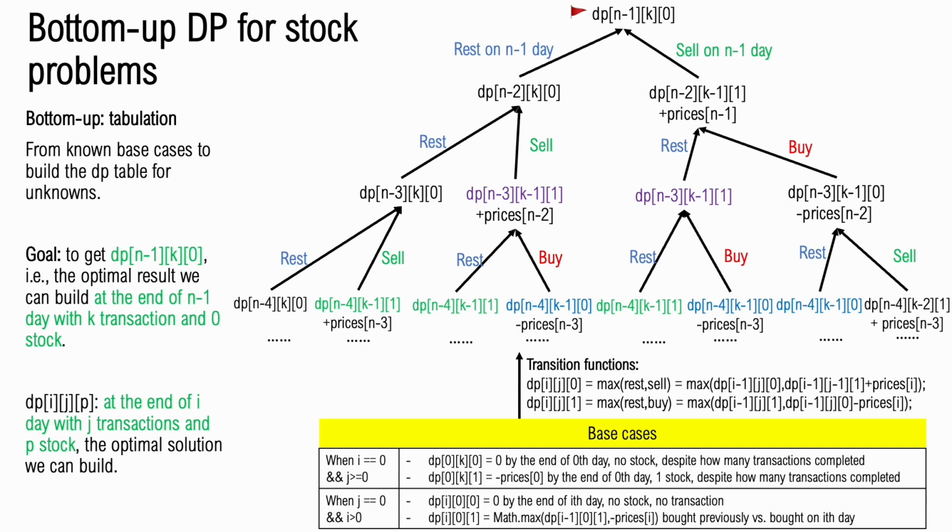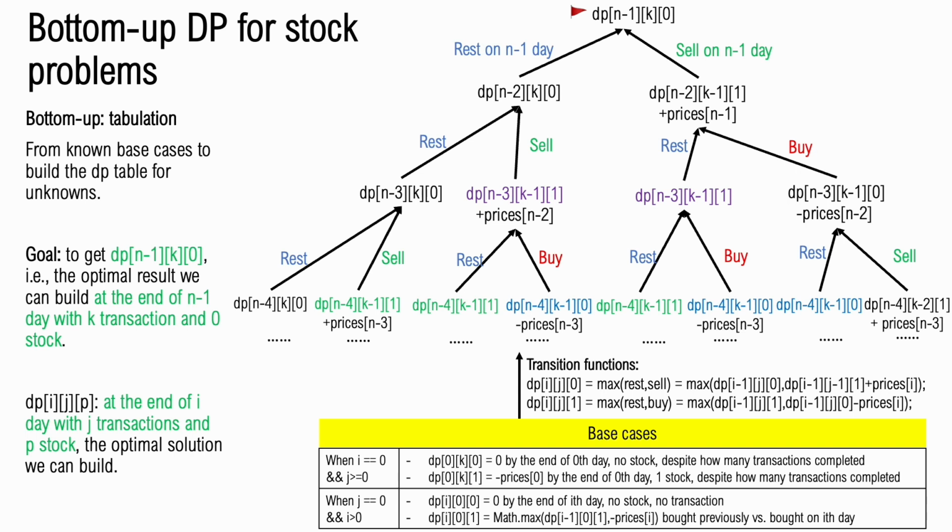We definitely see repeating subproblems here and here. So by having these two attributes, clearly we can solve this problem using dynamic programming.